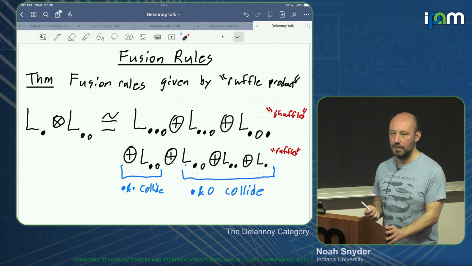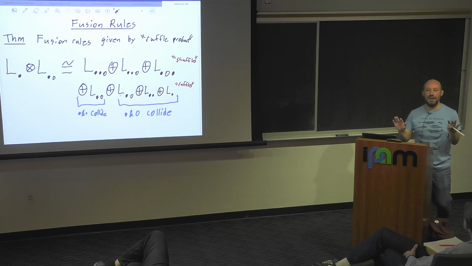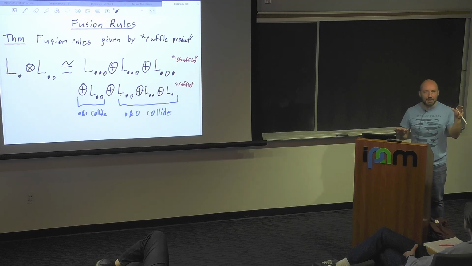Do you do all the colliding one by one? Yeah, so you can have lots of things colliding. I think the way that we do this is you have an order-preserving map, a shuffle, from a set of size K and a set of size L to something of size K plus L. But if you have something of size K to something of size L, you then have a surjective map to any set that's keeping track of which collisions happen.